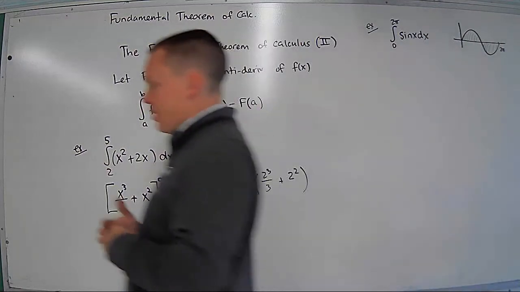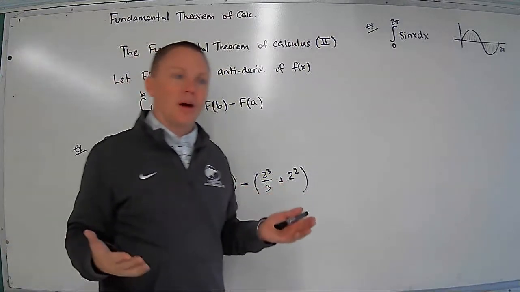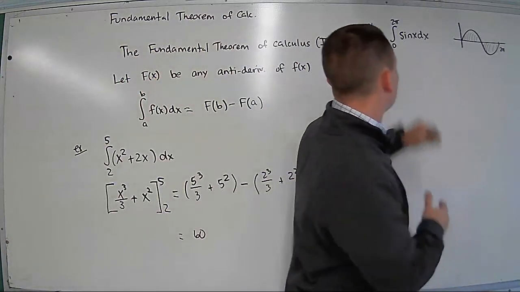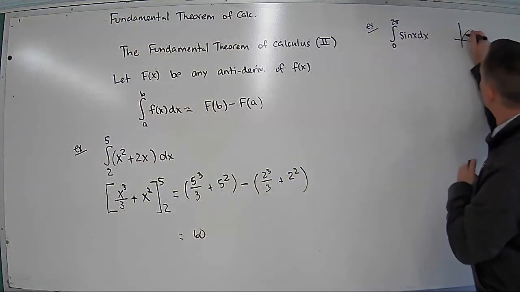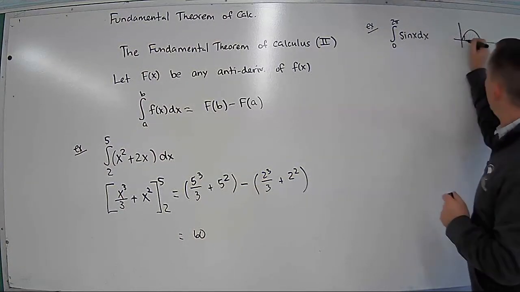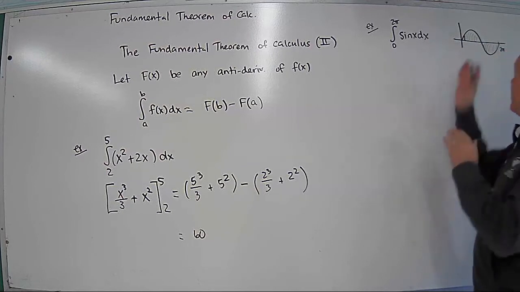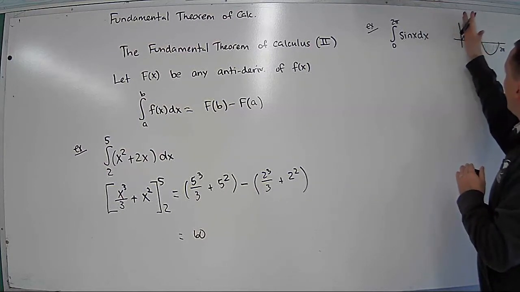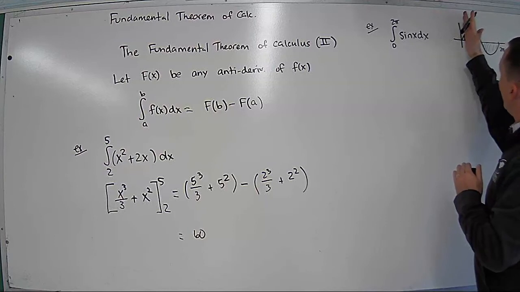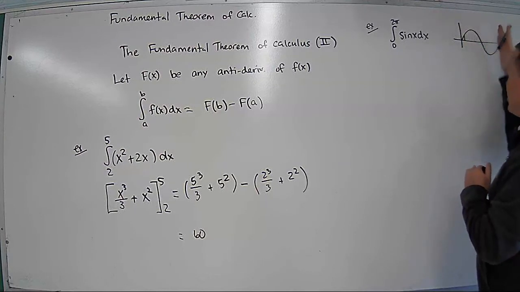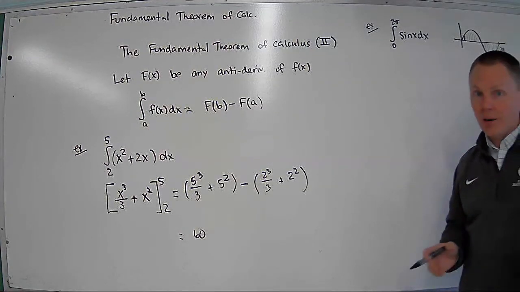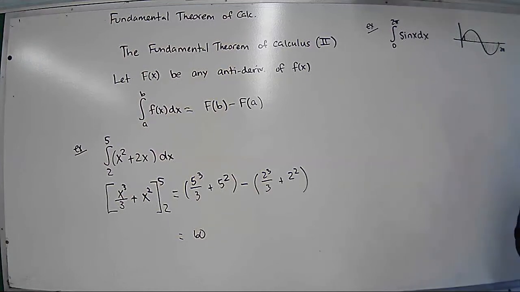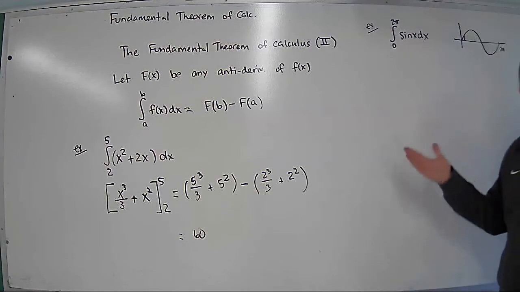But this is one of the problems with just thinking about area, because what we're really doing here is summing up these y values times an infinitely thin change in x value. We're making these y values times that infinitely small rectangle. Well, the y values here are all positive, the y values here are all negative. So you might be able to suspect what the answer to this problem is going to be. You probably are suspecting, I hope you're suspecting, the answer is going to be 0, but let's prove it.